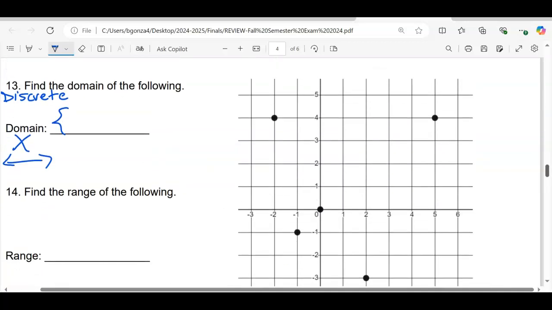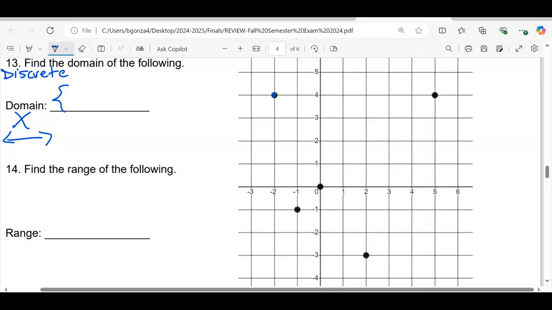Looking at these points, the furthest to the left is -2, comma. The next one over is -1, comma. The next is 0, comma. The next is 2, comma. The next one over is 5.